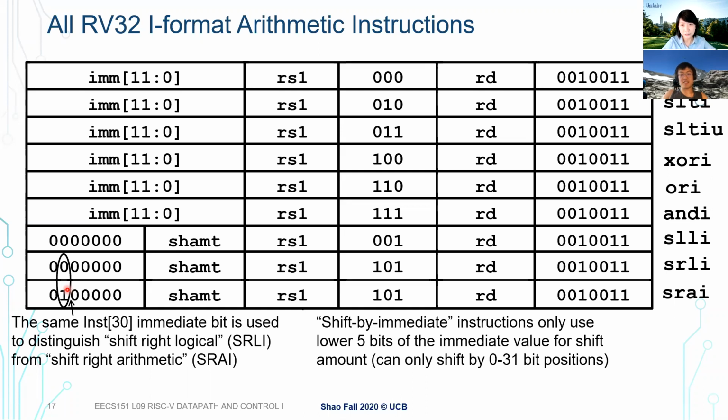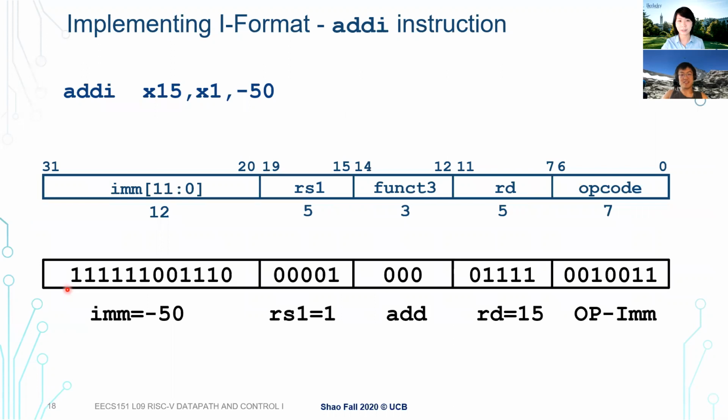Okay, so those are the different I formats that we can use to handle immediates. Let's take an example to see how this instruction behaves. So here we have the add immediate instruction. Instead of add, we add I here, representing immediate.